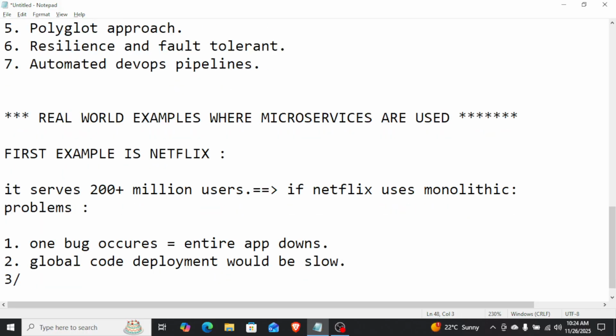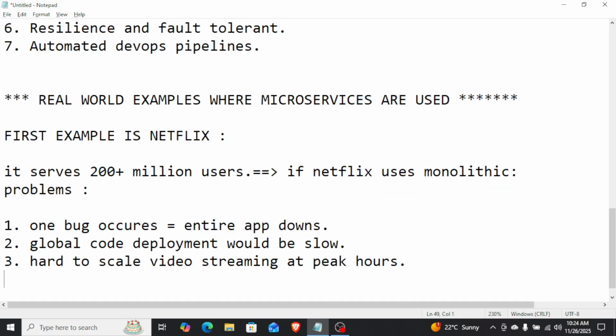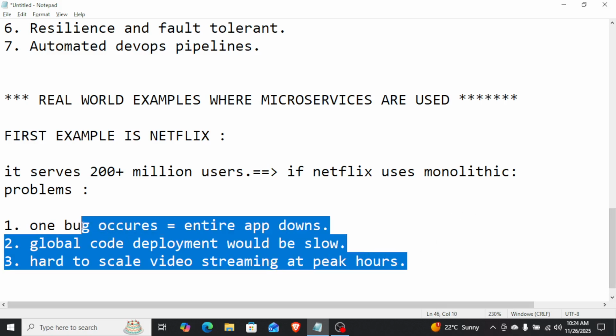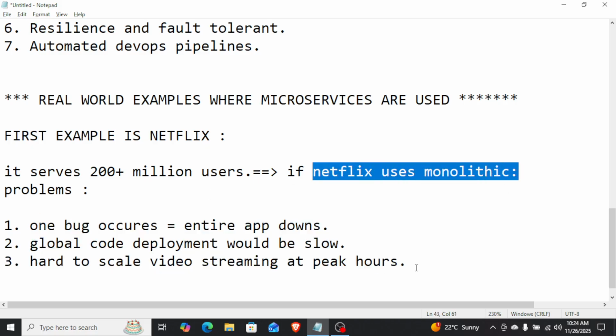The third problem is how to scale video streaming for peak hours. These are the three problems that occur when Netflix uses a monolithic approach.